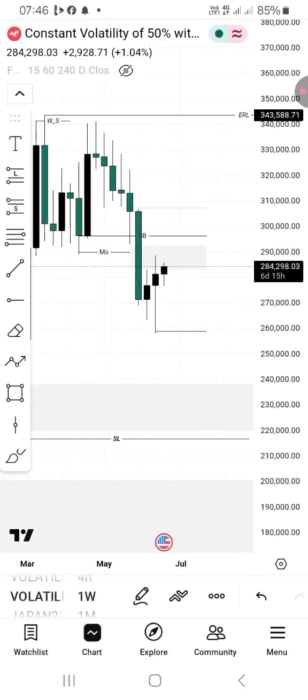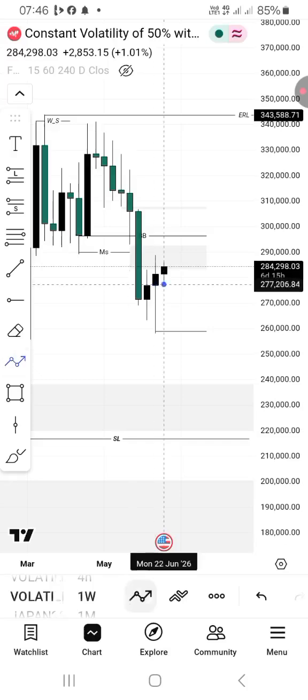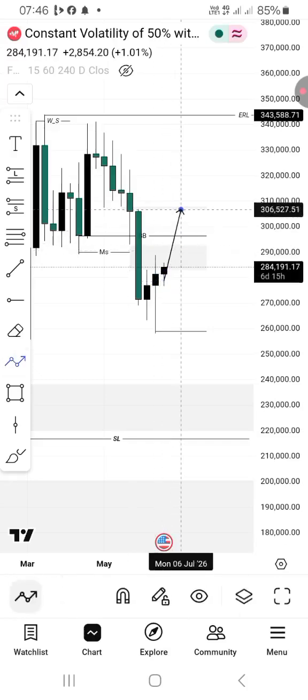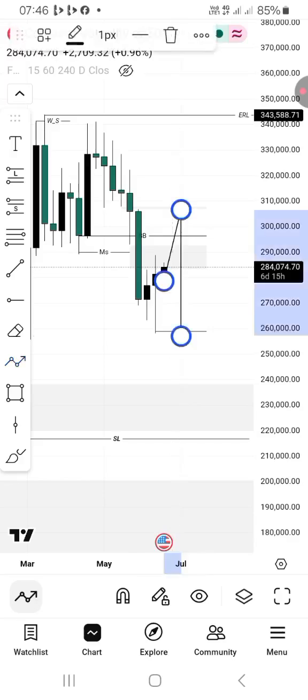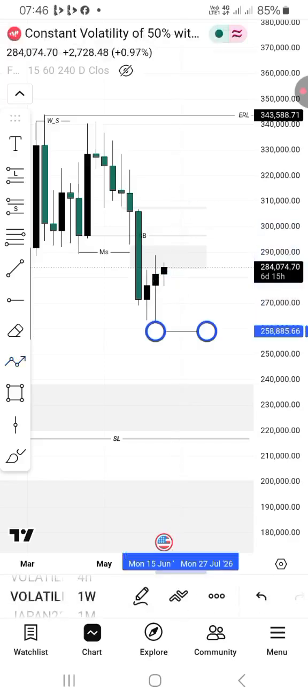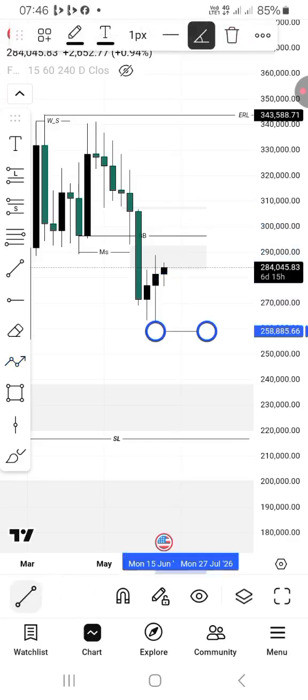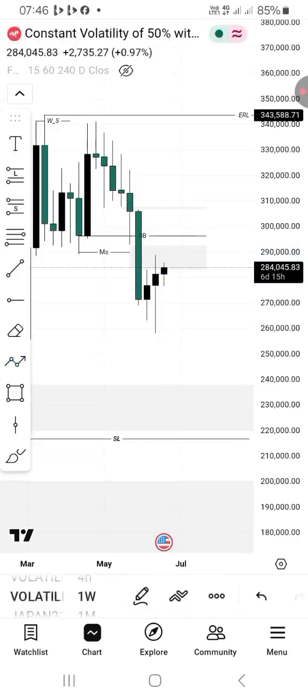We want to see price move up to the premium zone before we can follow the trend down, taking this low and all of that. So basically, what I'll be doing on this asset, I will be buying into the premium zone.